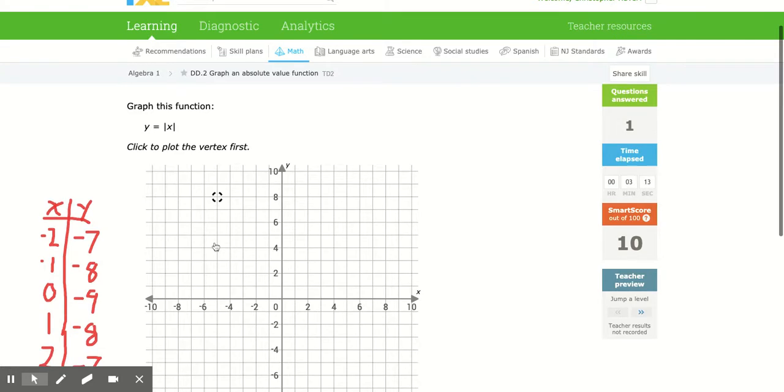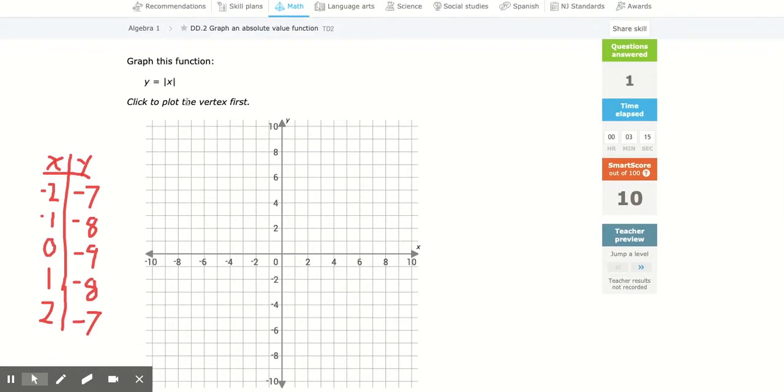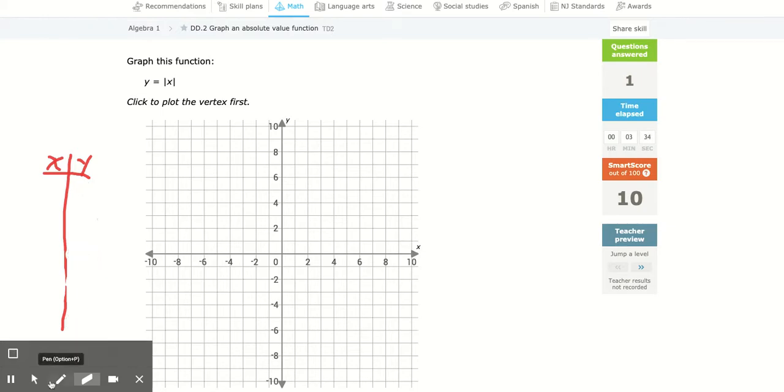All right, so this is sort of the easiest case. If I have y equals absolute value of x, that's what we call the parent function. Actually, I probably could have left my x's and just rewritten my y's. But in this case, it's pretty easy to determine the numbers. At -2, y is +2.